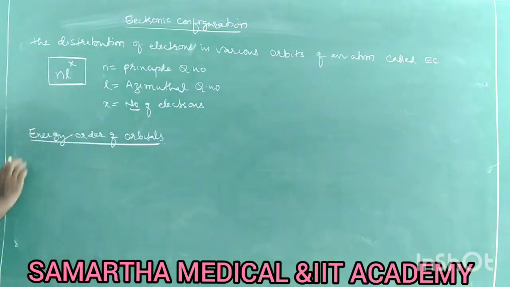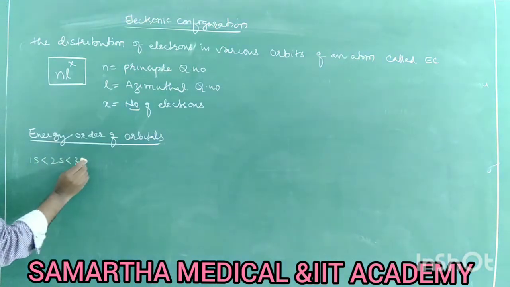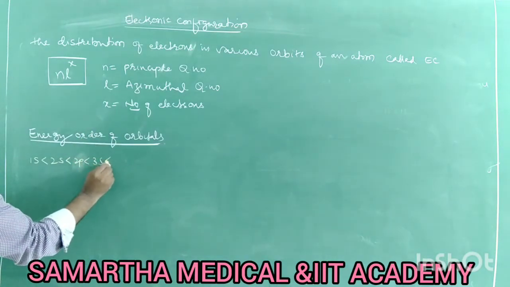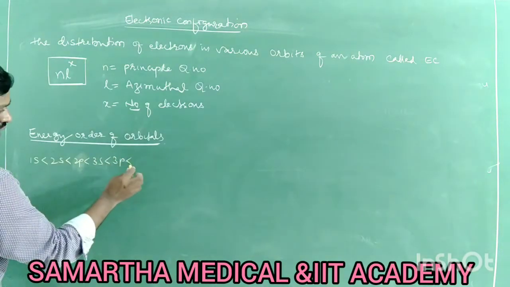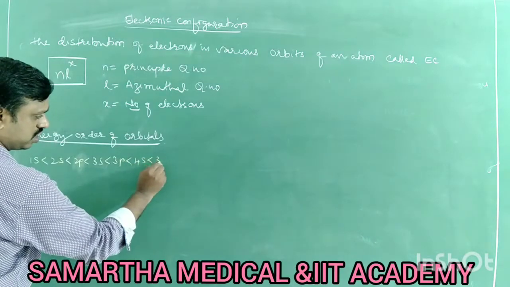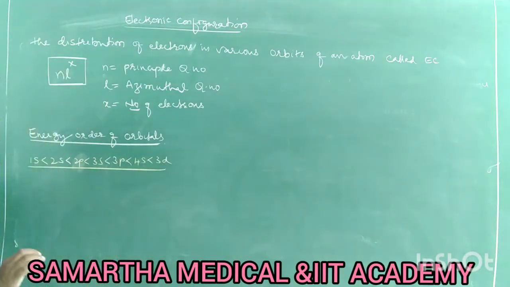Students, just remember: 1s has the lowest energy, next is 2s, next is 2p, next is 3s, next 3p, next is 4s, next is 3d. Till 3d is enough for our 11th standard.